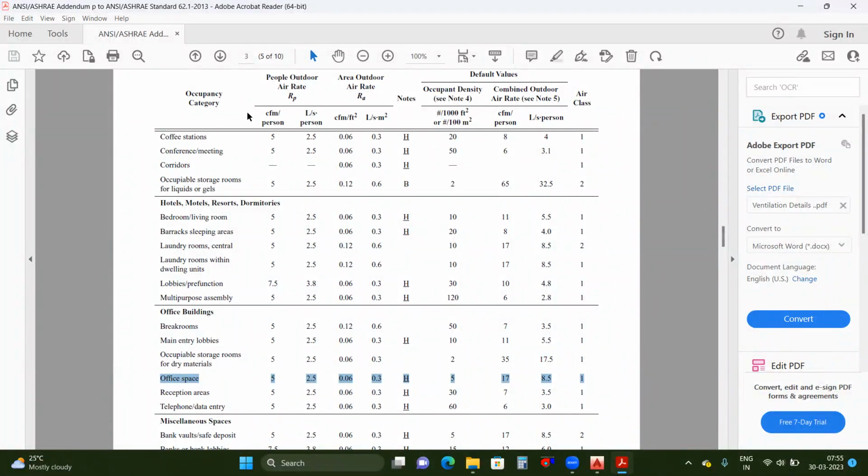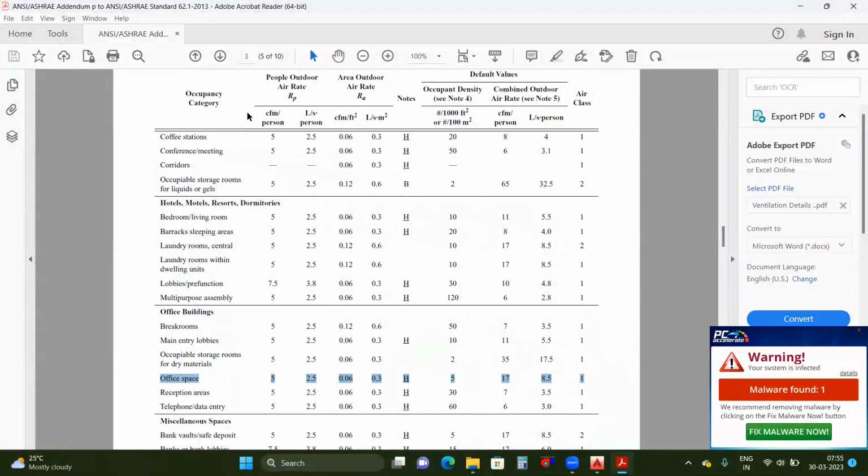CFM means cubic feet per minute. So if you take 1 cubic foot of area, length times width times height, that becomes a cubic foot.